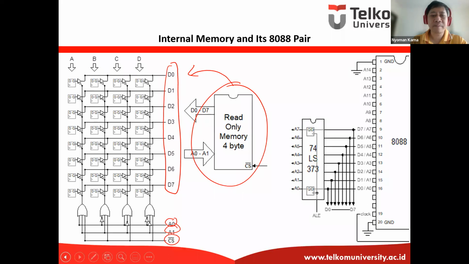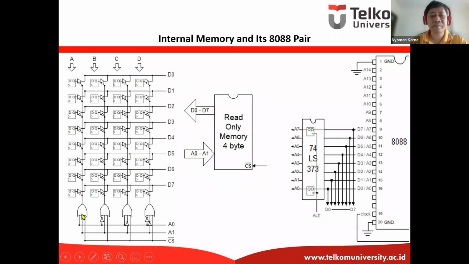Now, let's clear first. If I send A0 0, A1 0, then this will become 1, 1, and also this one, let's say this one is 0. 0 plus 1 plus 1, because this one is an OR gate, is 1. 1 will not turn on this 3-state buffer because the 3-state buffer is active only when it is 0.